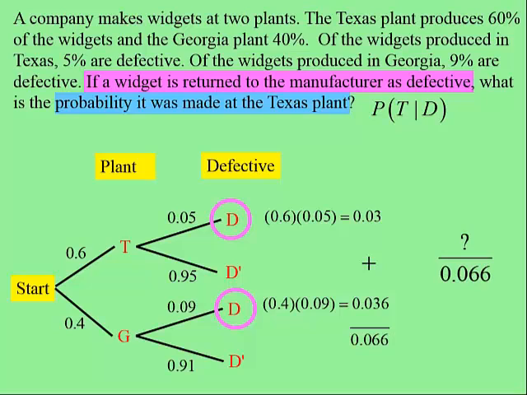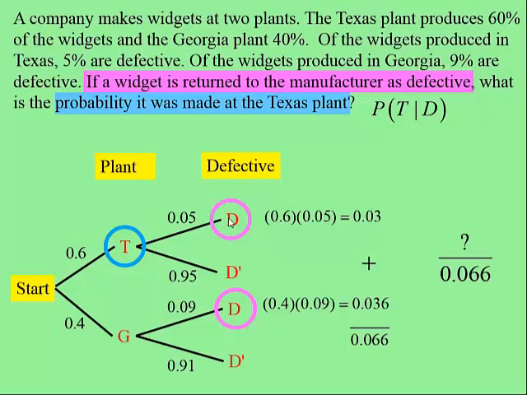To find the top number, we take the two branches that we have marked and find the one that corresponds to what we're looking for. The probability it was made in Texas. The branch that starts at the beginning and goes TD corresponds to the ones made in Texas.